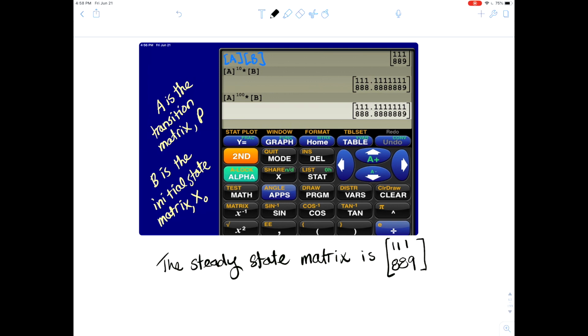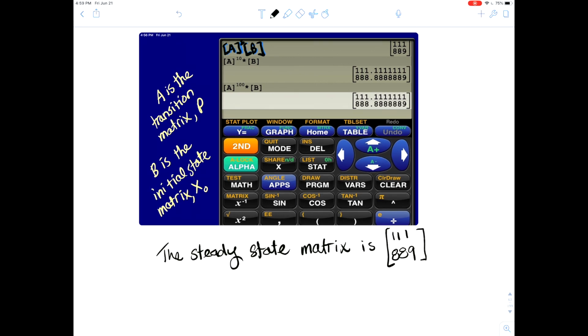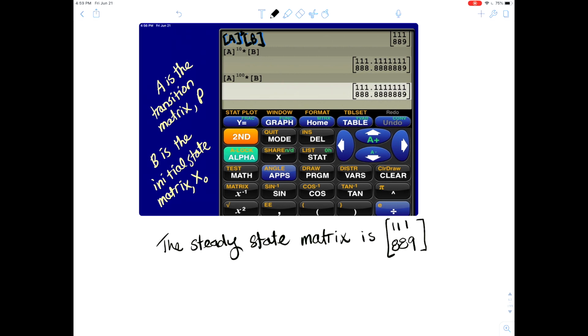All right, is 111, 889 because of what we looked at here, right? Oh, actually, sorry, this was our A squared, so P squared times B was our 111, 889, right? And then as you keep raising the powers, it really steadied to the same thing.